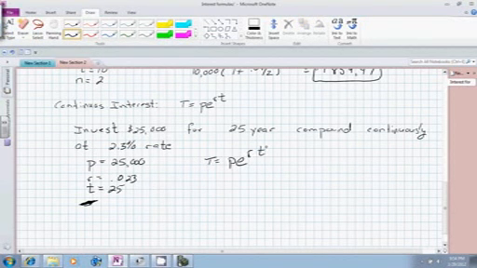That is 25,000 times E raised to the 0.023 times 25.